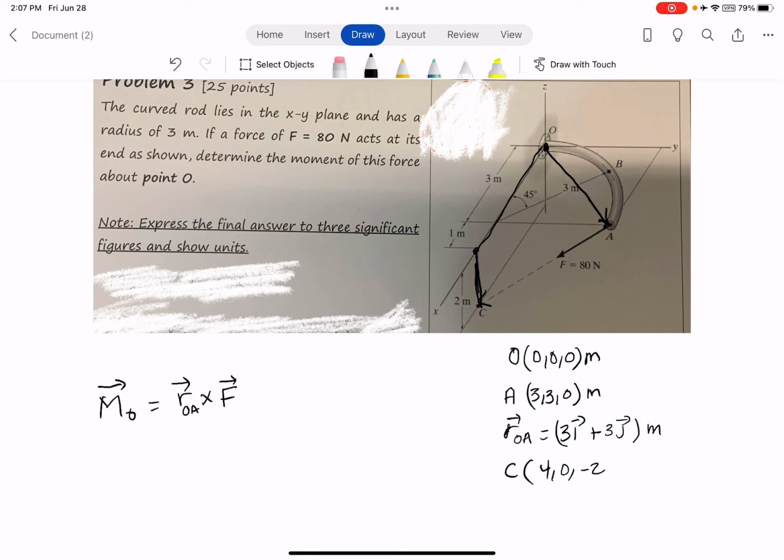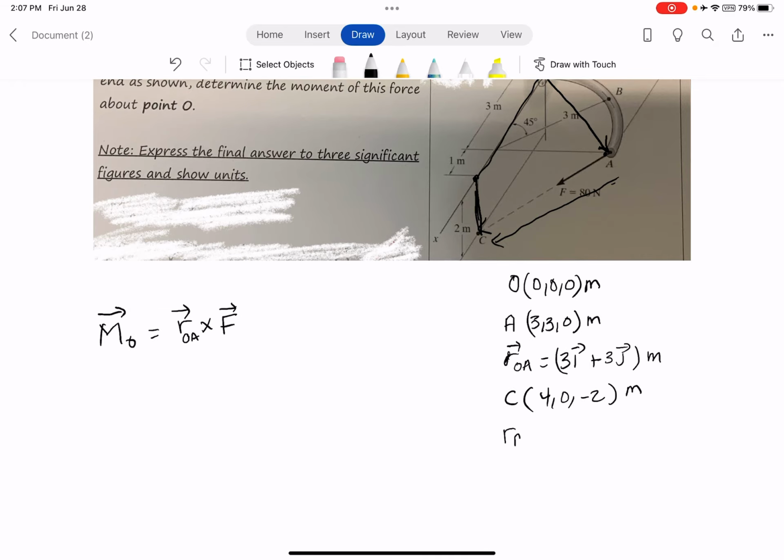So that is C. Now we need to find r AC, the position vector from A all the way to C, which means C minus A. 4 minus 3 is 1i, 0 minus 3 is minus 3j, and minus 2 minus 0 is minus 2k. That is r AC in meters.